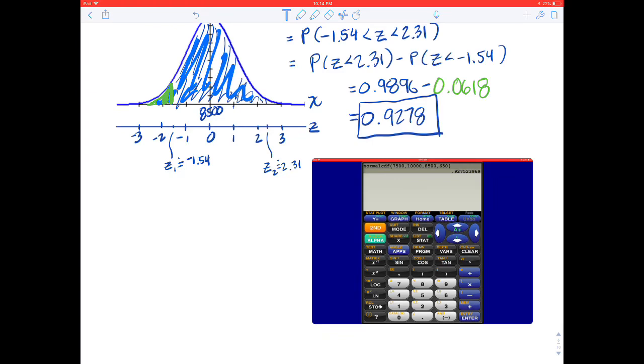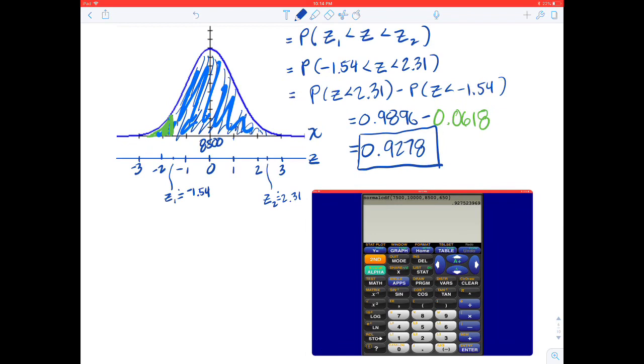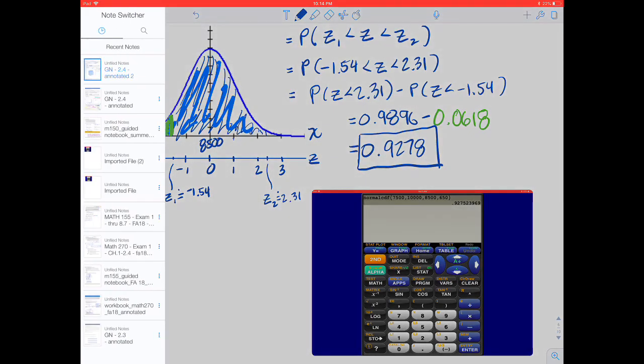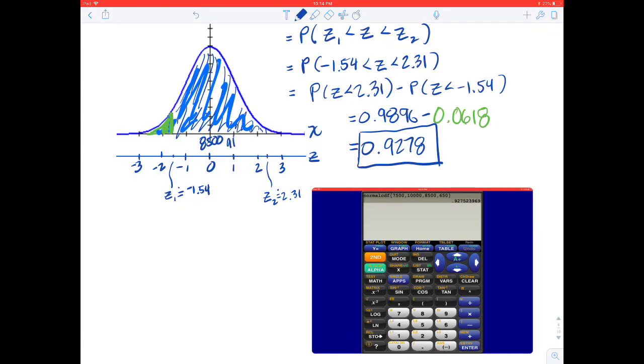Well, remember that 650 is the standard deviation, right? And within 2 standard deviations of the mean is considered normal. So if I add 650 to here, I'll get 9150. Another 650 will be 9800. And then another 650 will be 10,450.